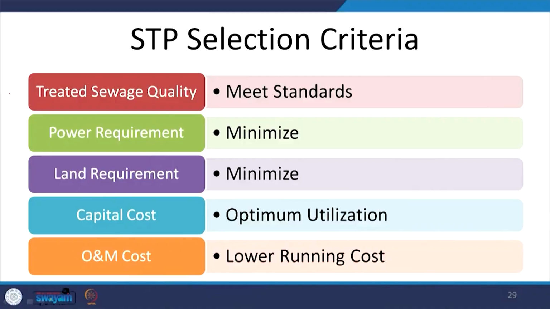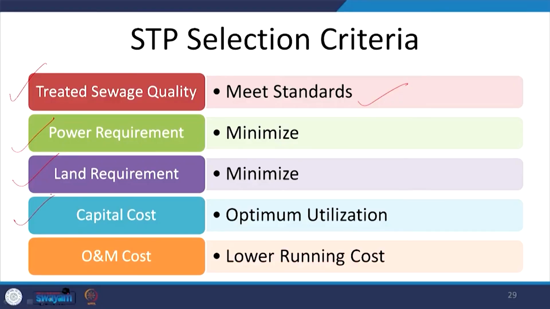When we are selecting the STP for any given project, we have to consider some of the parameters. One, we have to look at the quality of the treated water which comes out of the STP. It has to meet these standards. We have to minimize the power requirements. We have to minimize the land requirement in case there is not enough land available.